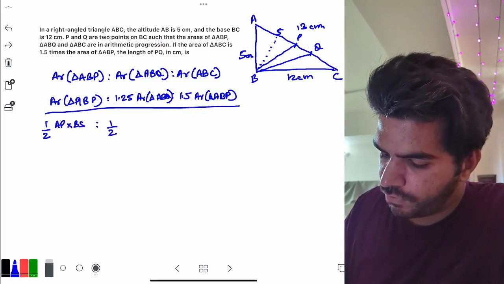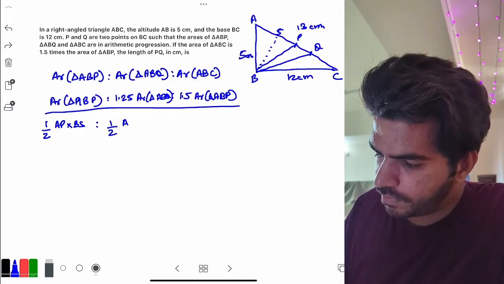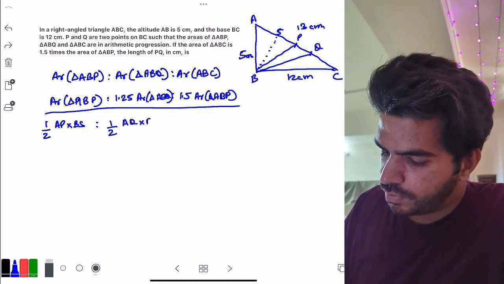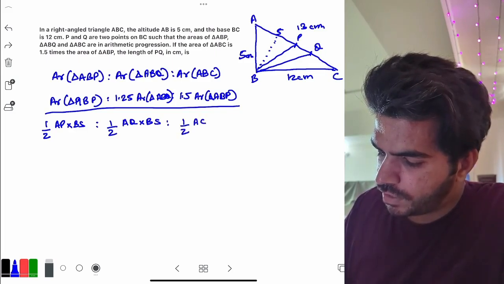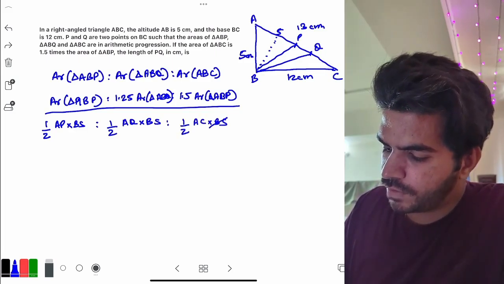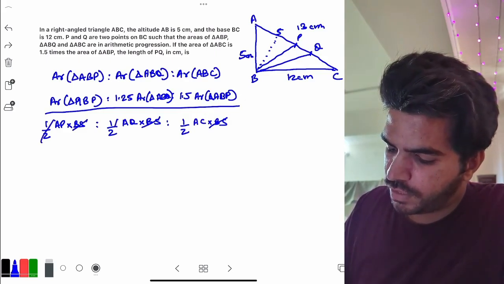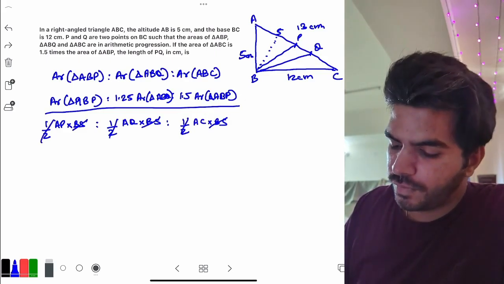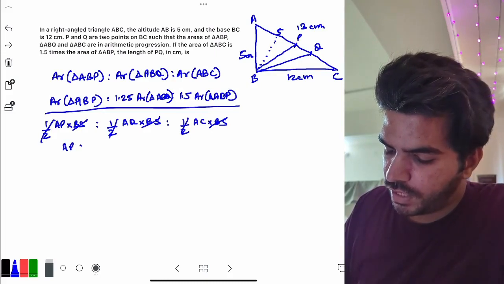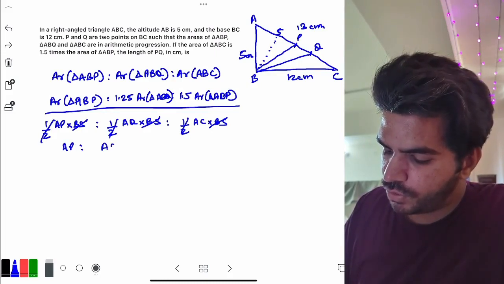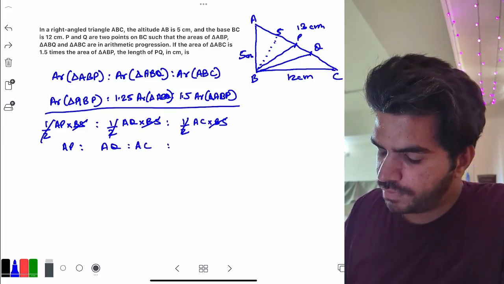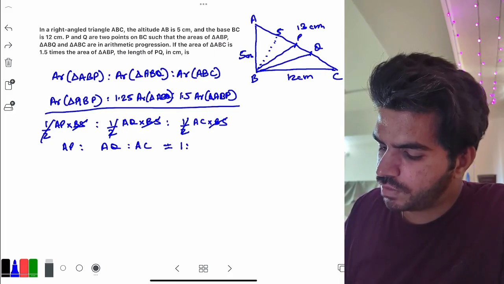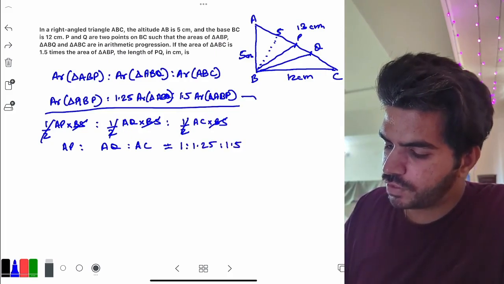Similarly, this will be half AQ into BS, half AC into BS. Half BS will get cancelled. So we can see AP to AQ to AC are also in the ratio 1, 1.25 to 1.5 using this part.